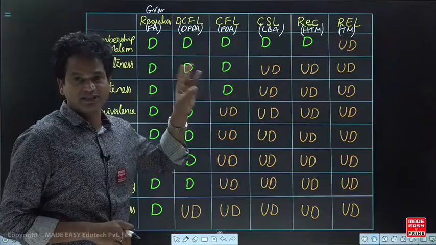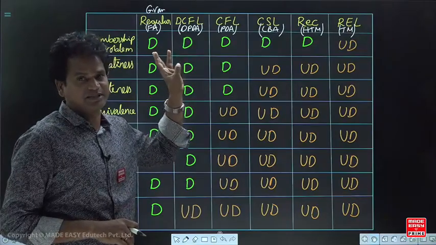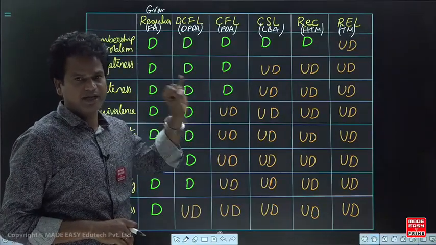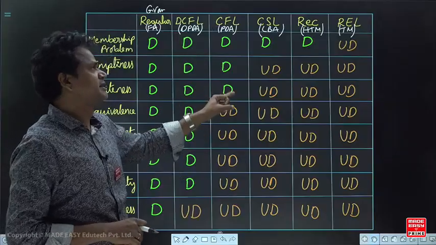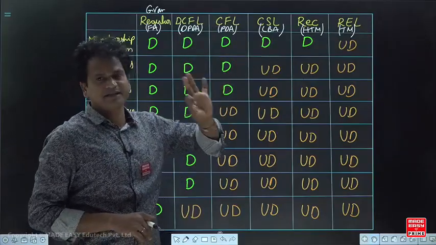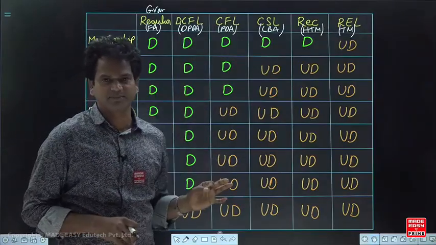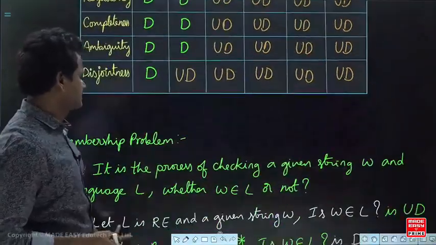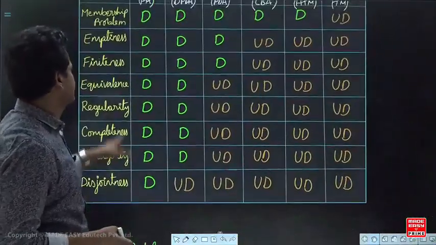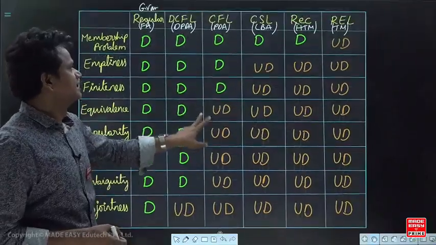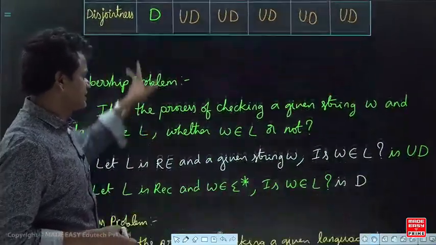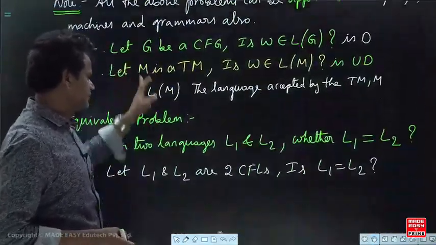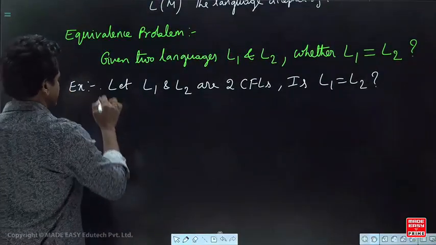You can remember it in an easy way. And CSL and REC only membership, and RE nothing. So equivalence of CFL is undecidable. Okay, now guys, I'll go for one more example.